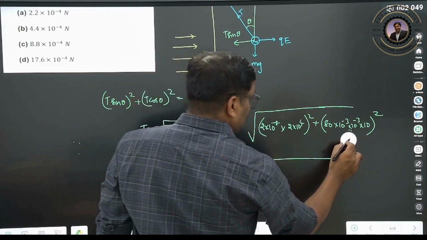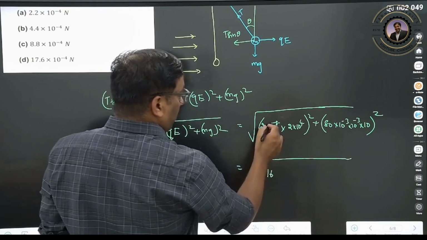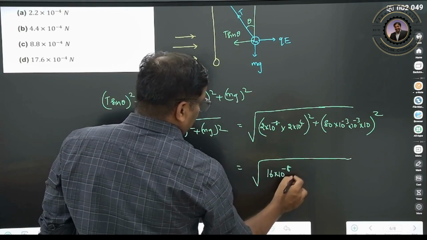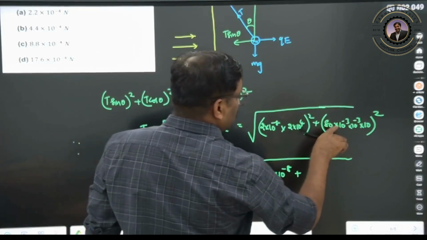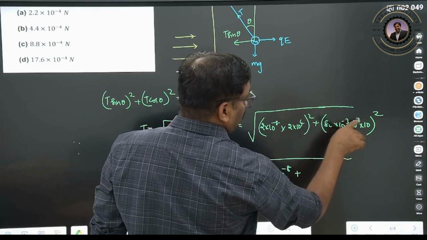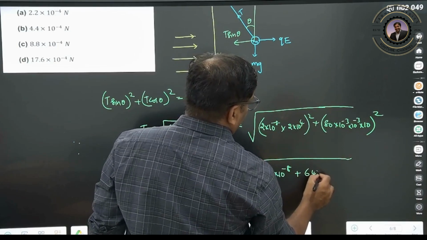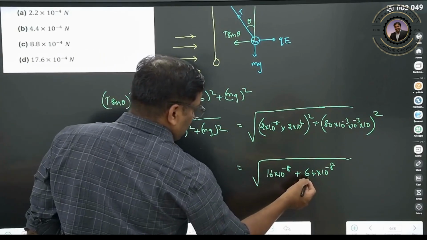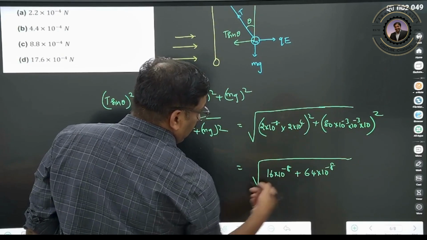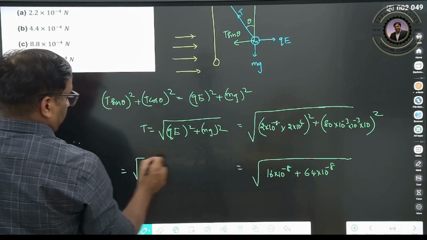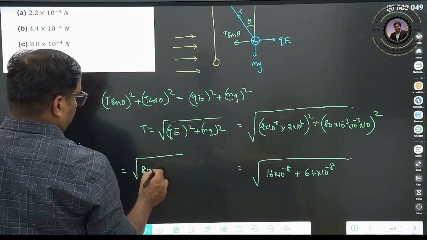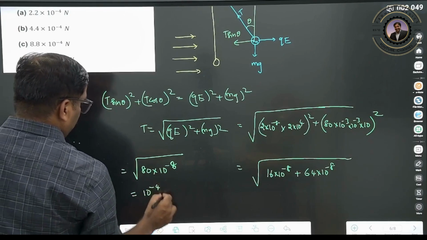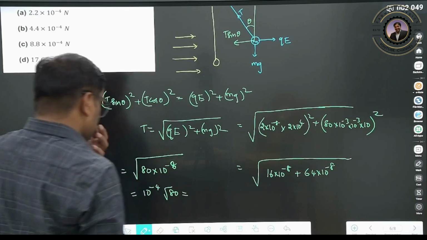So 4 square is 16, 10 to the power of minus 4 squared means 10 to the power of minus 8, plus the second term, which will be 64 into 10 to the power of minus 8. How much will it be now? So this is 80. Therefore here you can write 80 into 10 to the power of minus 8. So taking it out, 10 to the power of minus 4 root 80. So root 80 means how much now?